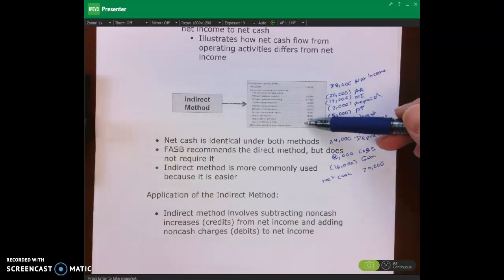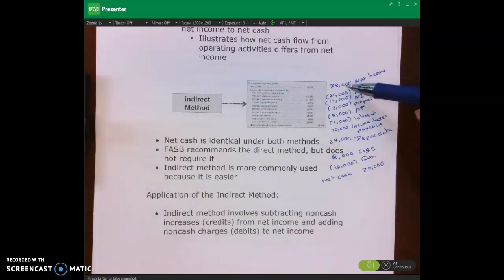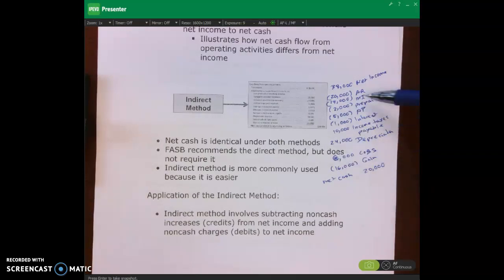Add up the total of these adjustments. So we would take net income minus the 20,000, minus the 14, minus the 2, minus the 5, minus the 1, plus the 10,000, plus the 24,000, plus the 6, minus the 16, and then we would take all those calculations and either add it or subtract it from net income to get down to net cash from operating activities.